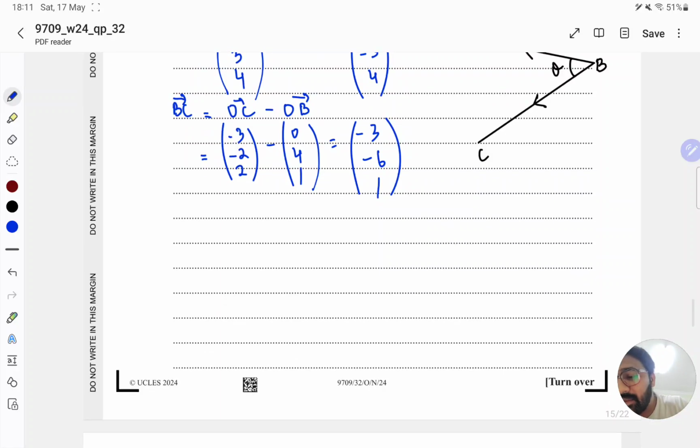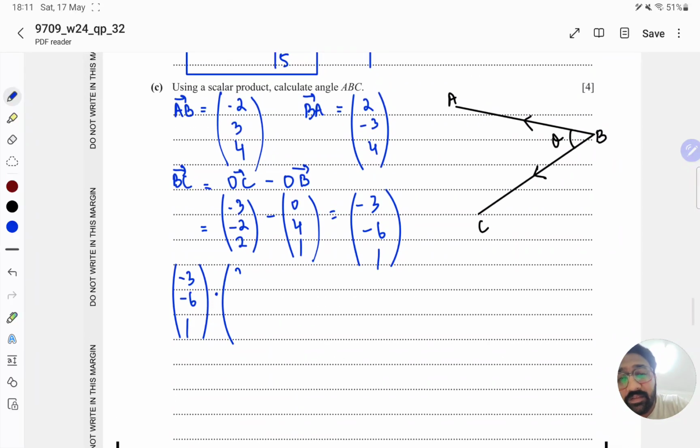Now the last step is that we are going to use the formula. According to the formula, the product is over here. So the product will be -3, -6, and 1 dot the other vector, which is 2, -3, and 4. The magnitudes of both of them on the right side need to multiply.